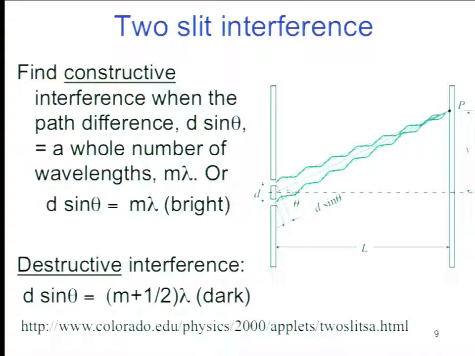Okay? So if you have an odd number of half wavelengths, you will get minima. And if you get a whole number of wavelengths, you will get maxima.